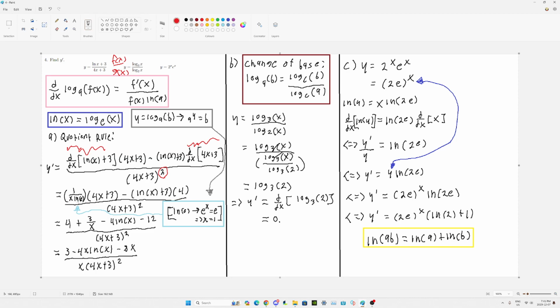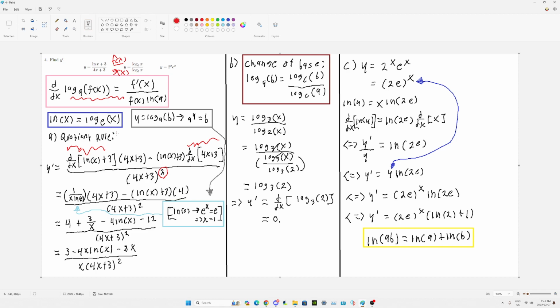We get 1 over x to the ln e, right? We're using our little log piece over here, times the bottom, minus the top times the derivative of the bottom, squared. So here's where I use the log piece. Since y equals log base a of b goes to a to the y equals b, we can rewrite that as ln e.